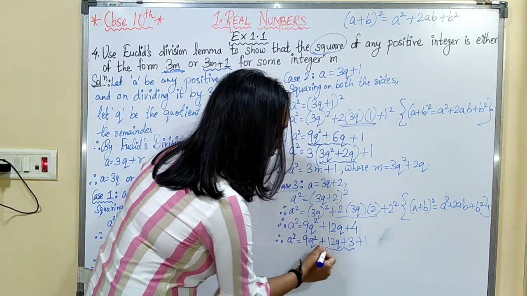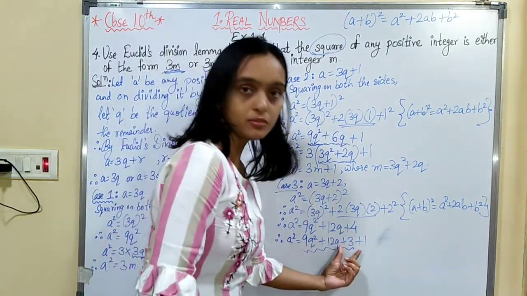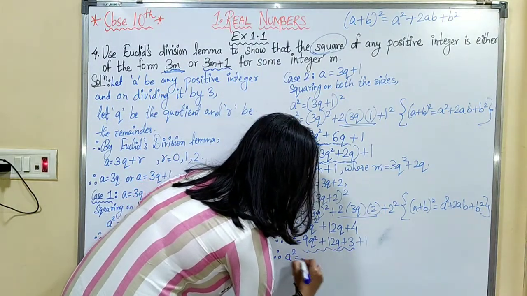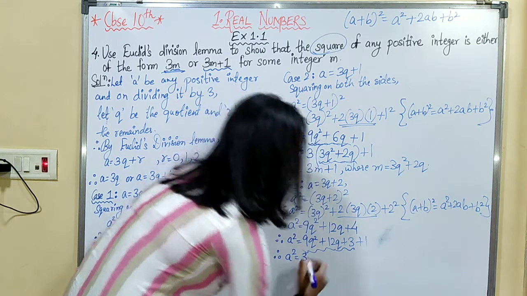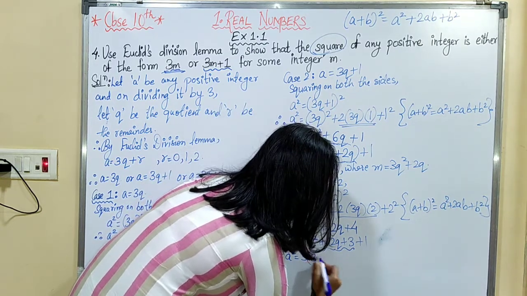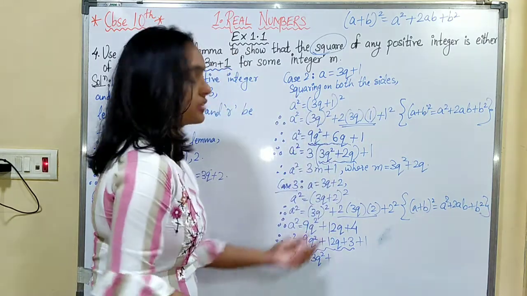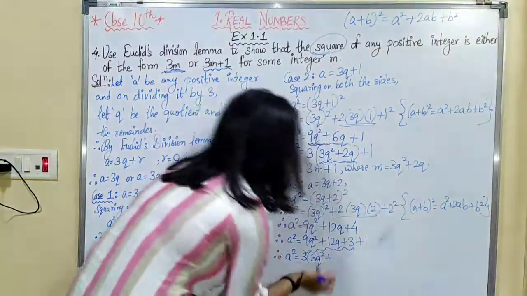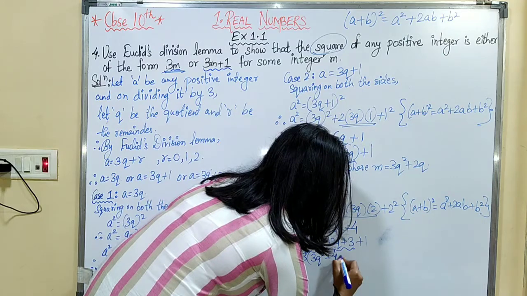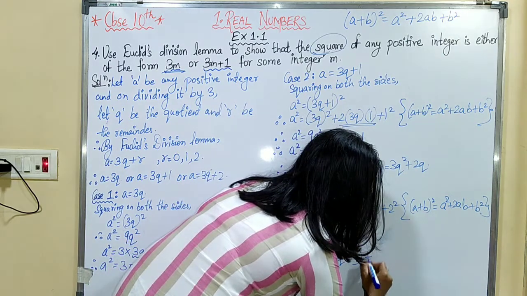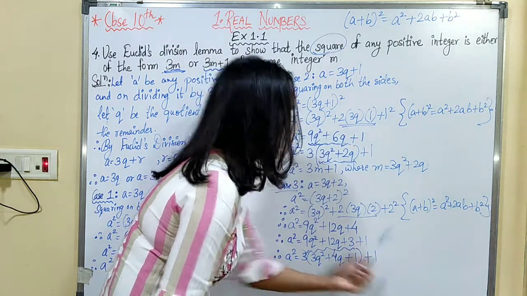Now you can take 3 common from all these 3 terms. So therefore you get a square equals to 3 is common. So 3 3s are 9, so 3q square plus 3 4s is 12. So after taking 3 common we get here 4q plus 1 and here again this plus 1.